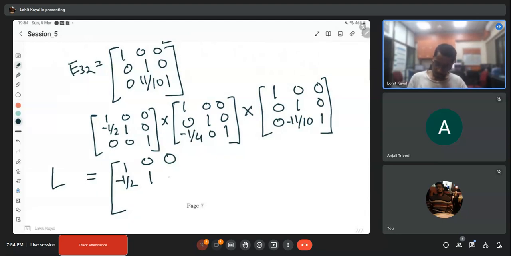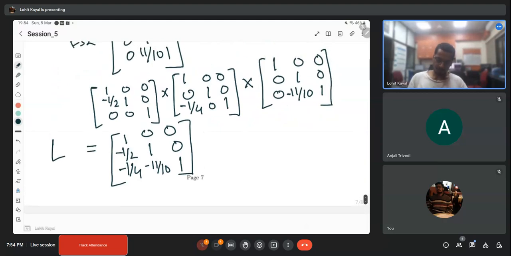The third element is also 0. Now this 3 1 position will be minus 1 by 4. Here I will write minus 11 by 10, and this third element is 1. So you see what has happened. This is the trick. You don't need to really multiply everything. Just put these in the corresponding places, and you will be able to get the result.